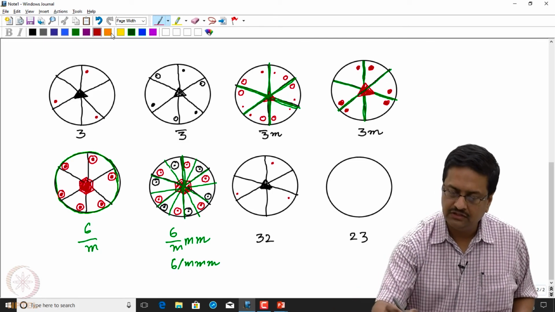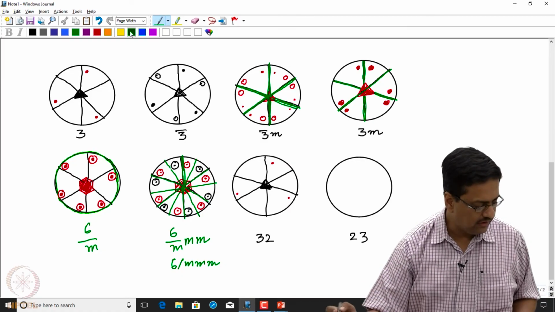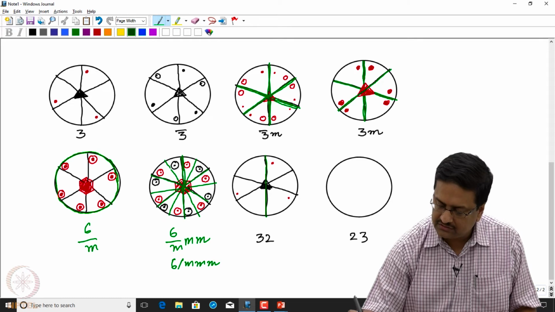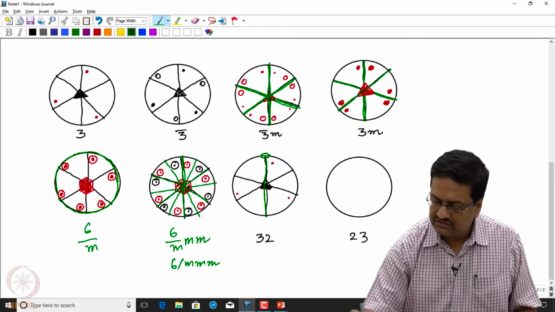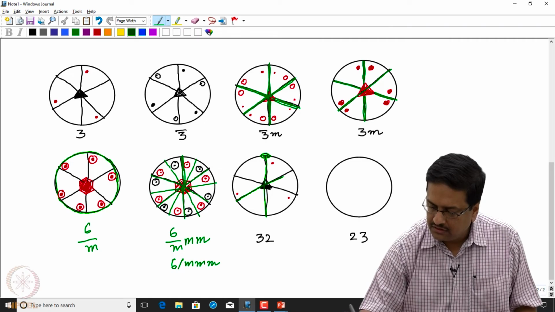And the twofold axis that we are talking about is perpendicular to this threefold, which is here. And there are three such twofolds which are like that.